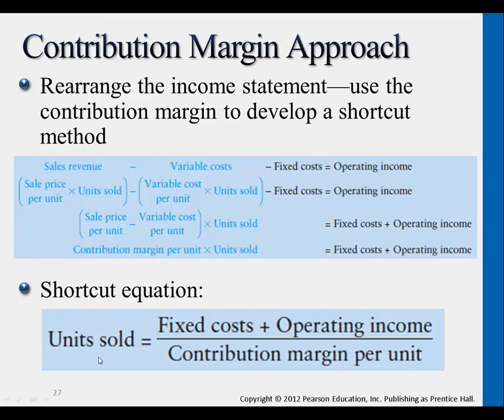So if I need to know how many units I need to produce to break even using the contribution margin approach, we're going to use this formula right here, and that's your shortcut. My units sold to break even is fixed cost plus operating income divided by contribution margin per unit. Right? Okay.